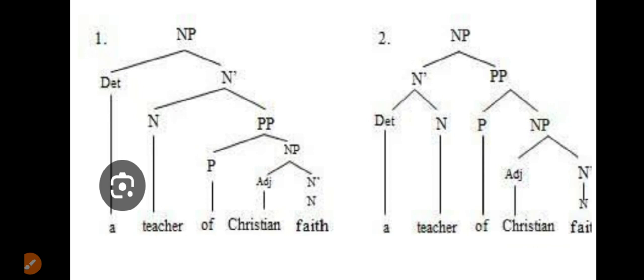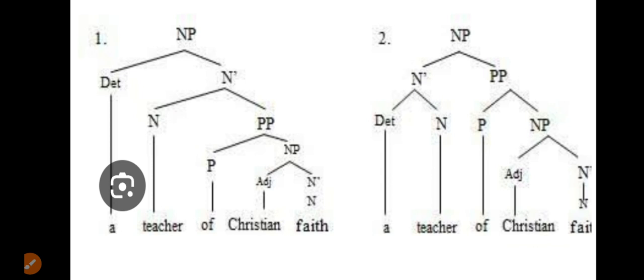Now there is a phrase which can be divided in two ways, right? The phrase a teacher of Christian faith can be divided into two phrases. First is a noun phrase, a teacher of Christian faith. Here a is a determiner, then N-bar means node, right?